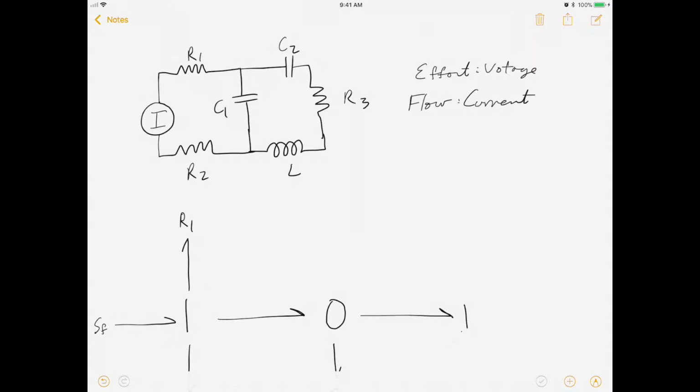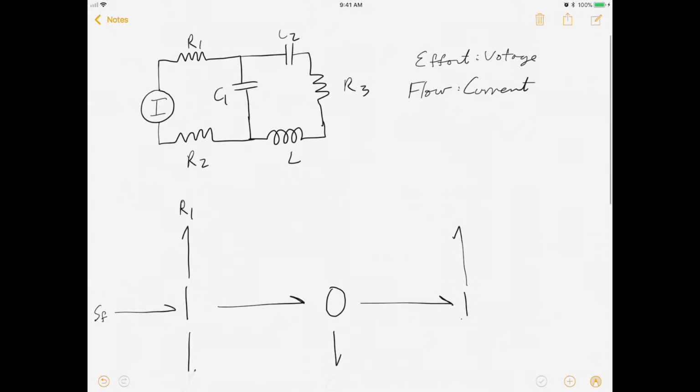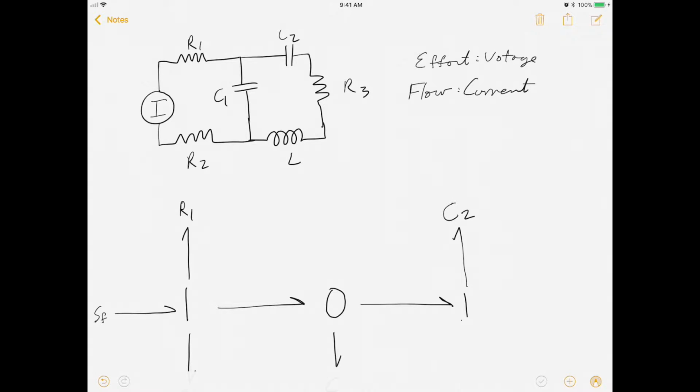Next, we're going to look at this junction right here. It has a capacitor, a resistor, and an inductor that are all connected to the common current source. Since we have a common current source, I'm going to say that this capacitor right here is dissipating energy, so the arrow is going out.